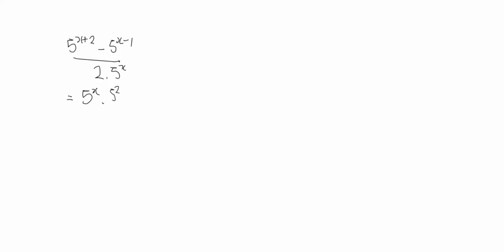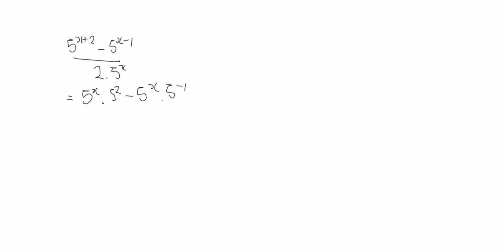Subtract 5 to the power of x multiplied by 5 to the power of -1. So this is what you can do in factor form. Now, can you see that from these factors you are having a common factor? And your common factor is 5 to the power of x in this equation.